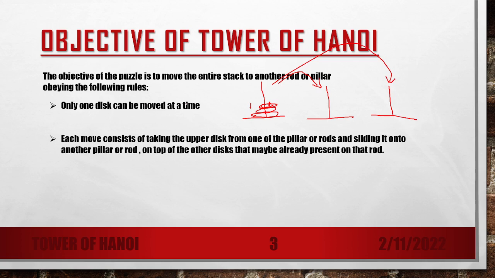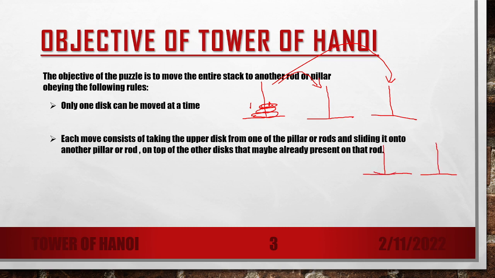And the second rule is, each move consists of taking the upper disk from one of the pillars or rods and sliding it onto another pillar or rod on top of another disk that may already be present on that rod. So for a better understanding, we can draw another picture of this. This is our first pillar, this is our second pillar.